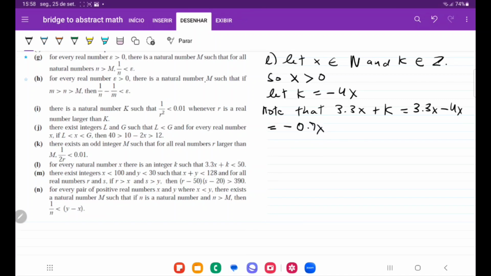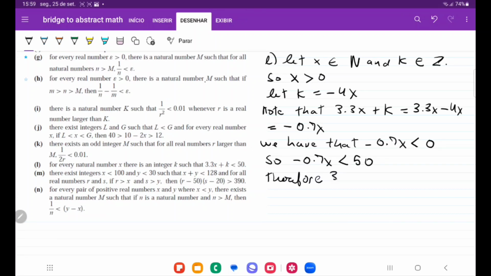And since x is positive, we have that negative 0.7x is less than 0, right? Because x is positive, so this product has to be less than 0. So negative 0.7x, if it's less than 0, it's definitely less than 50, correct? Therefore, 3.3x plus k is less than 50. And so we have shown that it exists.